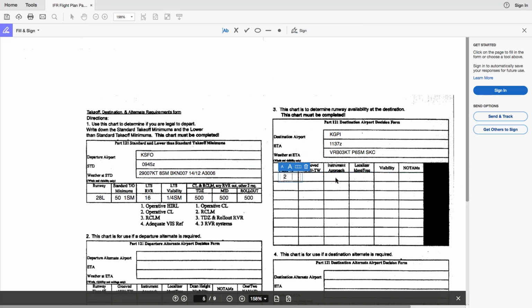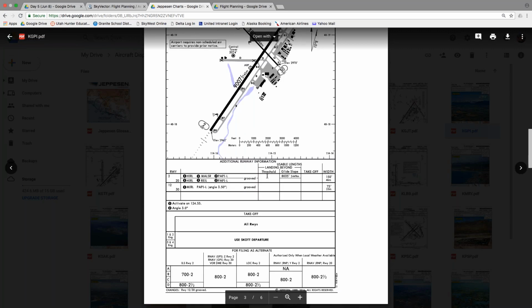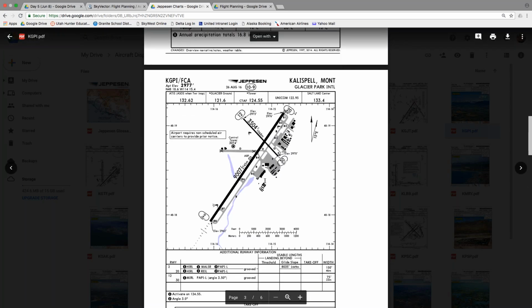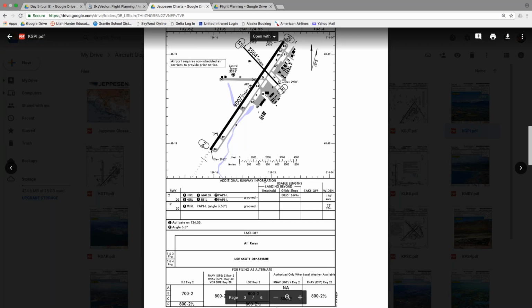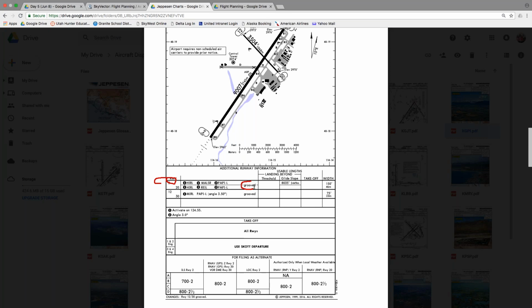So runway 2. It's asking, is this grooved and do we have a headwind? We have no wind. And to figure out whether or not it's grooved, we can look at this chart here. Runway 2, grooved.